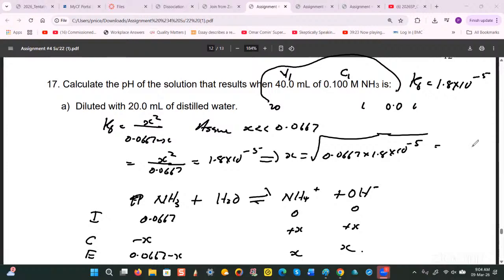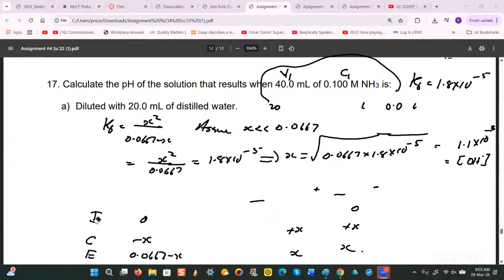So when I did that, I got 1.1 times 10 to the minus 3. Right? And that would be the concentration of OH minus, right? And what's the next step after that? Now that we have the concentration of OH minus based on the assumption, what do we do next?